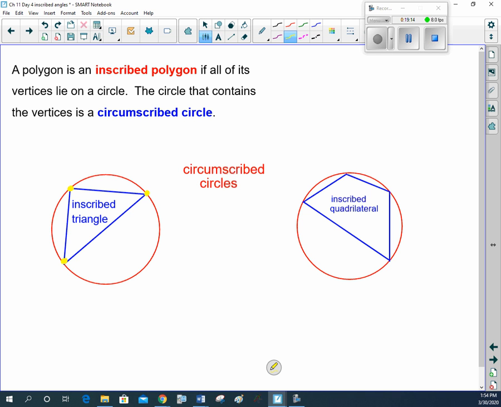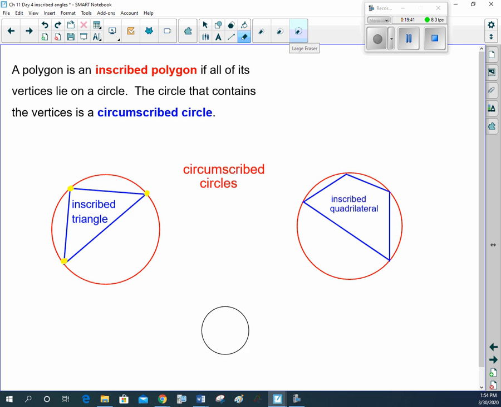This is an example of something that is not inscribed. If I draw a circle and I put one vertex here, one at the center, and then one back on the circle, that is not inscribed. Just because the triangle is inside the circle doesn't mean it's inscribed. In order for it to be inscribed, all the vertices have to be on the circle.